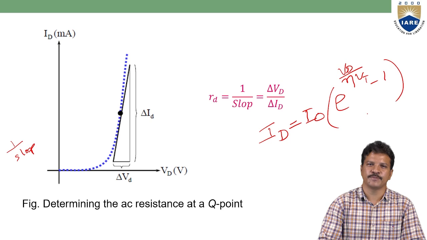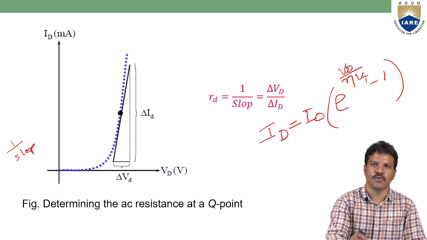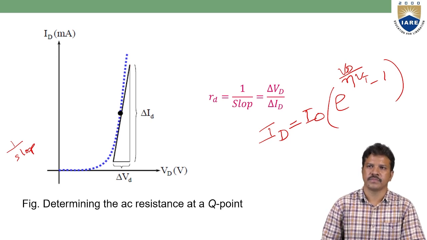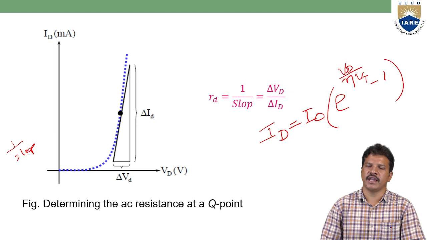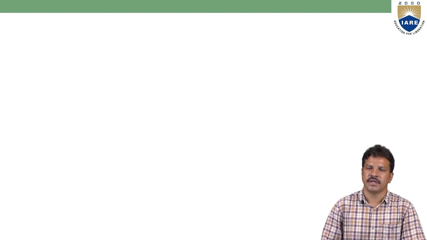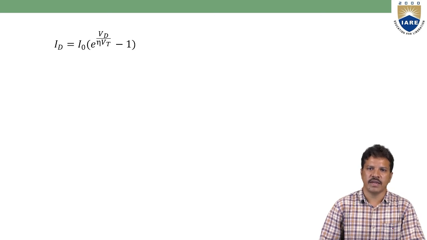Here the exponential term represents the slope of the exponential curve by increasing the voltage after the cut-in voltage. So by using this diode current equation also we can derive the dynamic resistance. Let us see how to derive. ID equals I naught e power VD by eta VT minus 1.